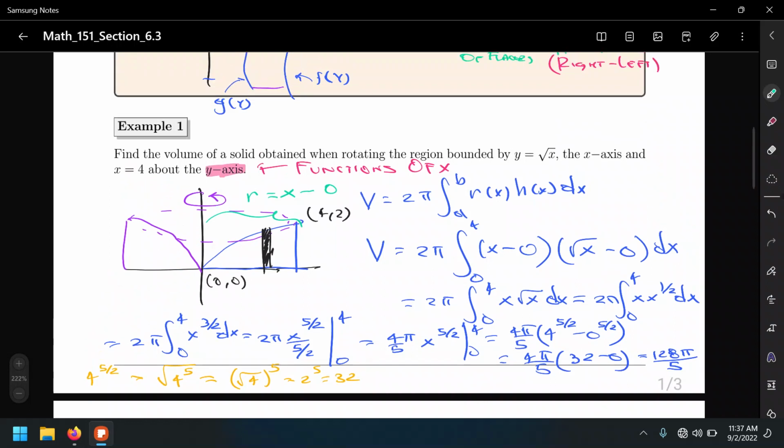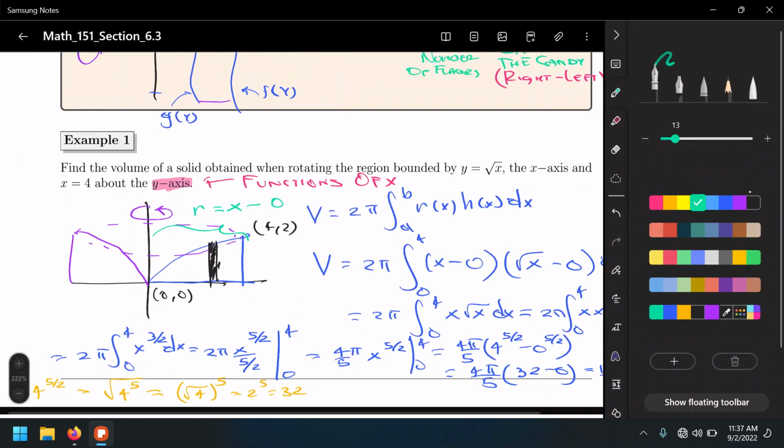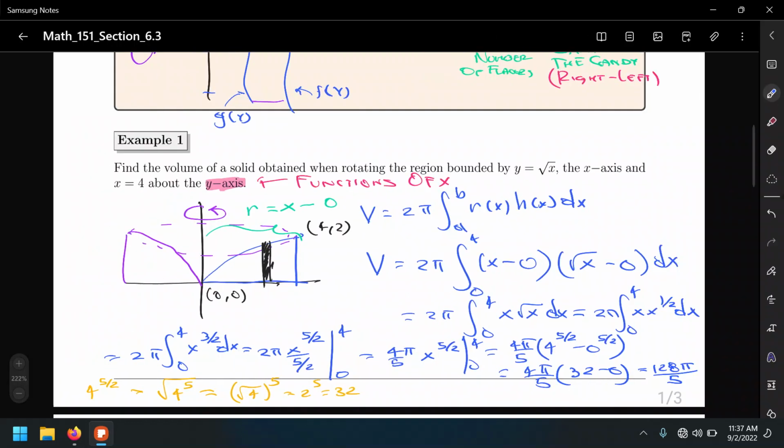If we had, for example, let me do this in a different setting. If we had, instead of rotating this about the y-axis, rather about x equals -5, for example. All right, not x equals 0 in this case, which is the y-axis. Well, this would be reflected this way.